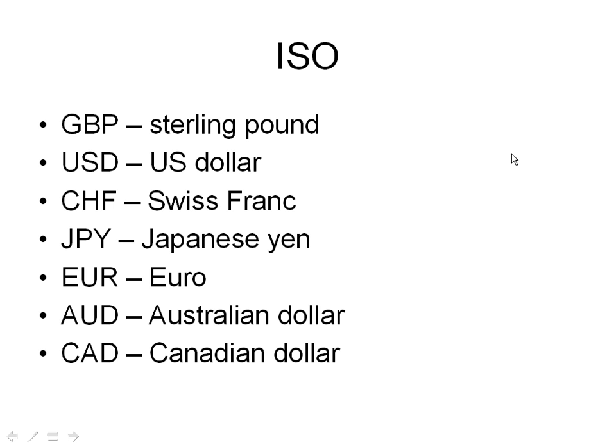First of all though, as you'll probably know, currency pairs have these ISO codes. We'll just learn the major ones. GBP is for the British pound, sterling pound obviously, USD the US dollar. CHF stands for the Swiss franc. JPY is the Japanese yen.